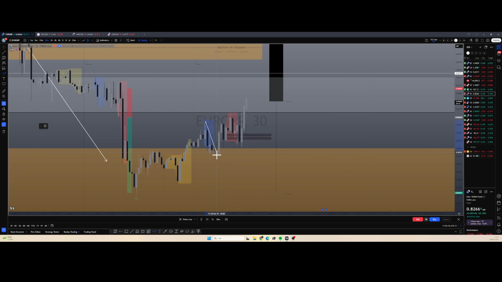They can manipulate, they can show you different stuff. If you change brokers, it can show you different stuff based on which broker you're trading with.